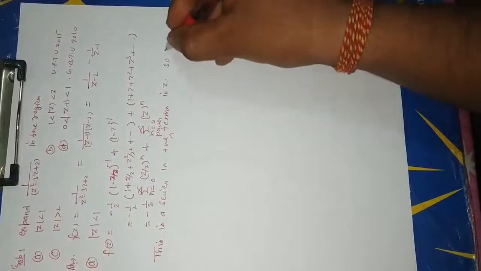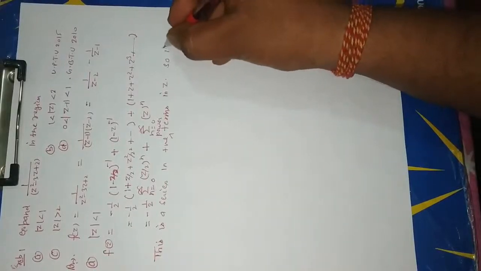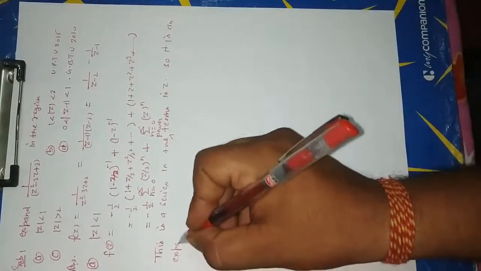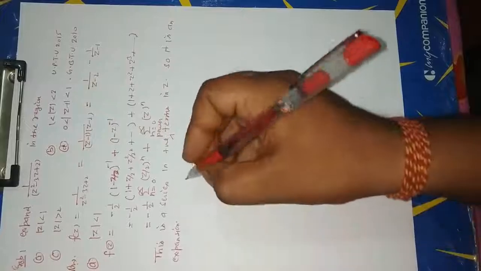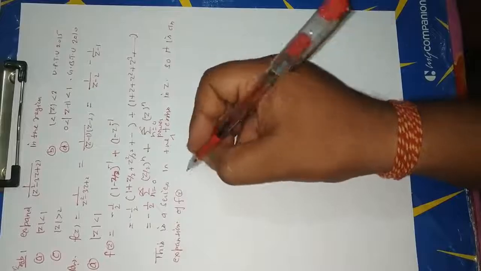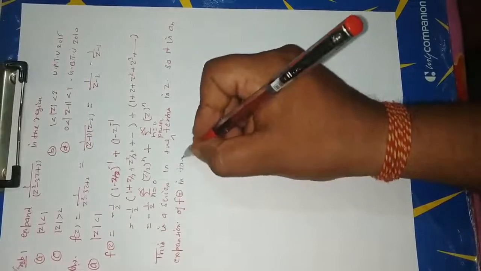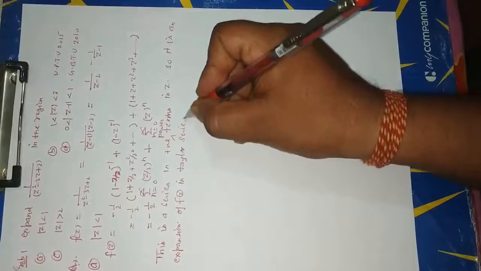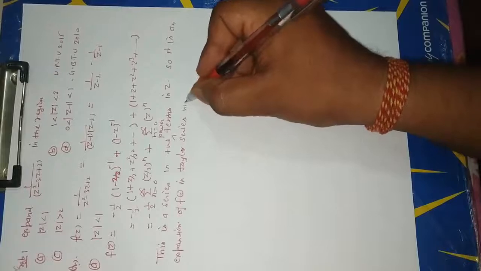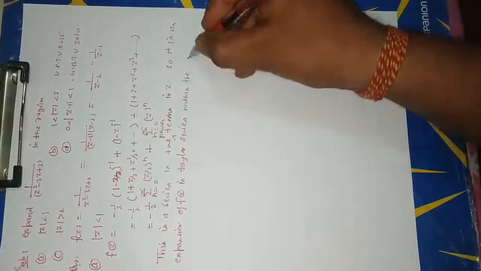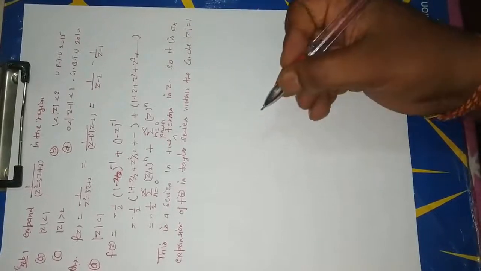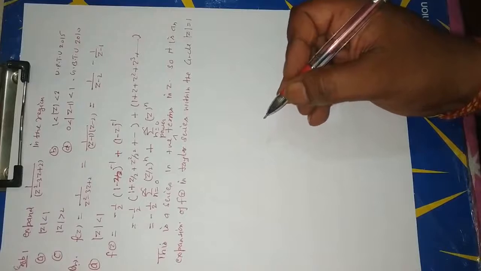So it is an expansion of f(z) in Taylor series within the circle z modulus equal to 1. Okay, this is the first part.